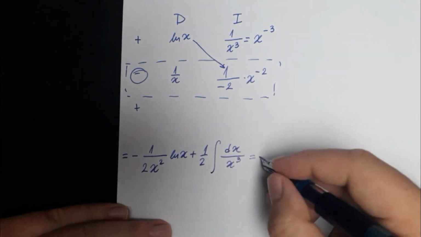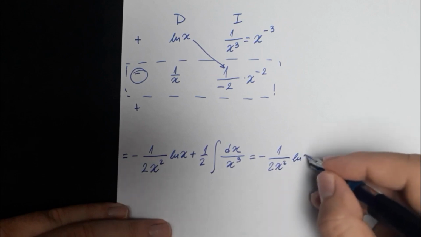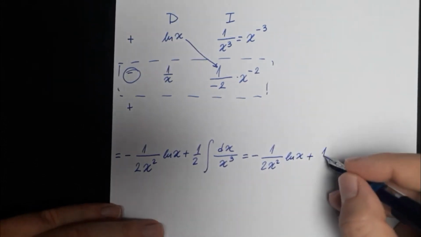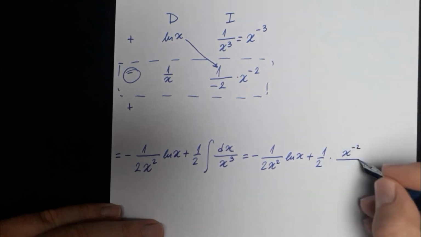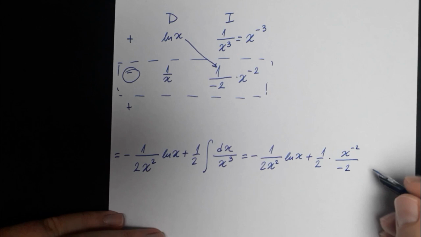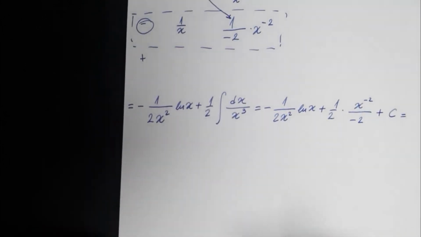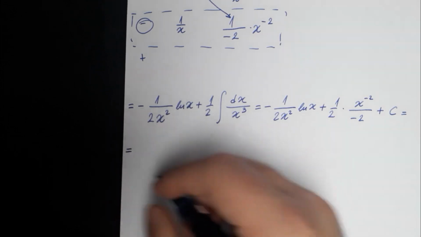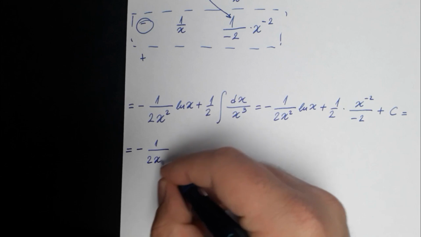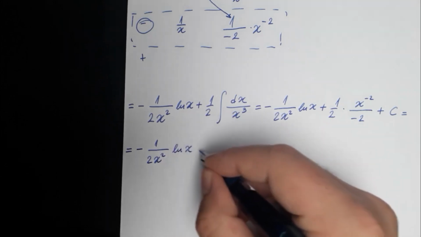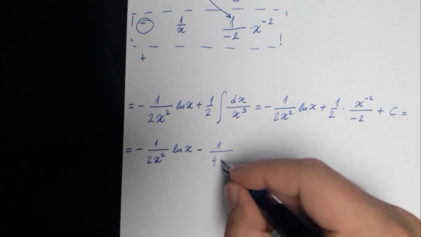This is then equal to negative 1 divided by 2x squared ln x plus 1/2 times x to the power of minus 2 divided by negative 2 plus a constant c, which is an arbitrary real number. This is then equal to negative 1 divided by 2x squared ln of x minus 1 divided by 4 times x squared plus c.